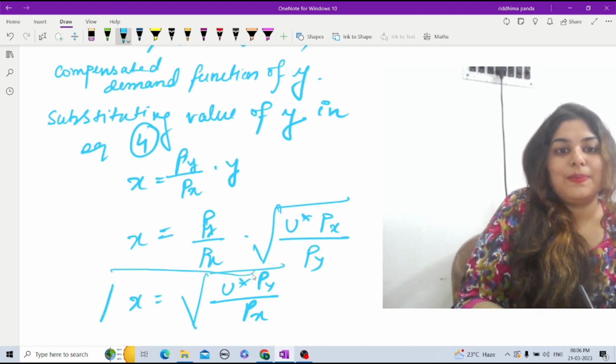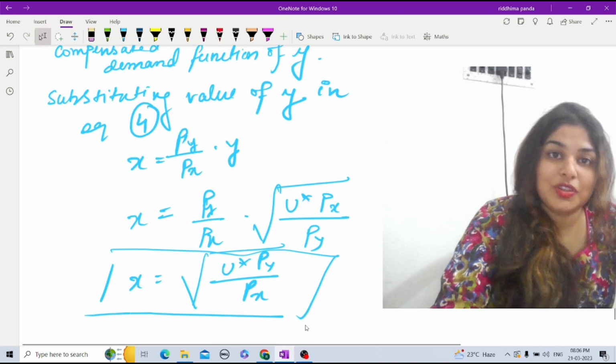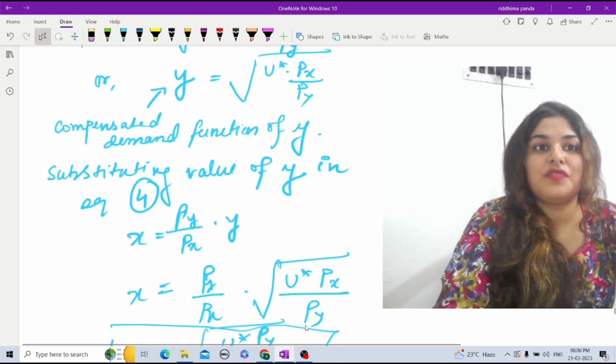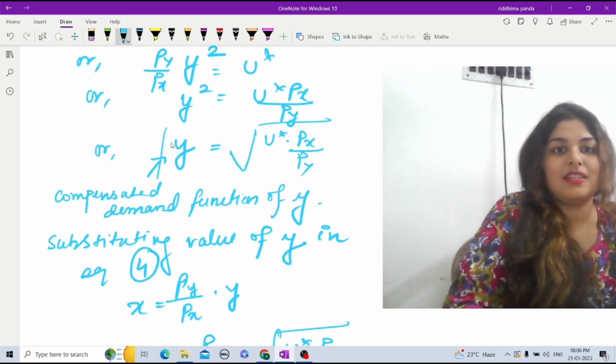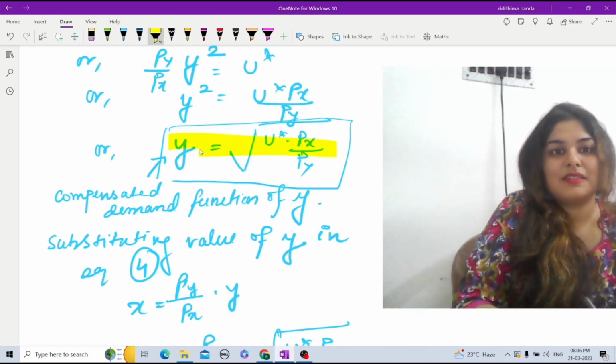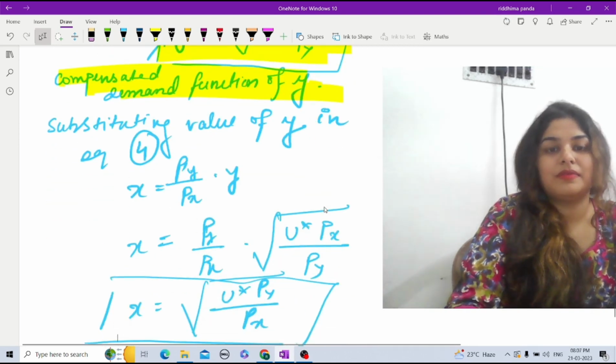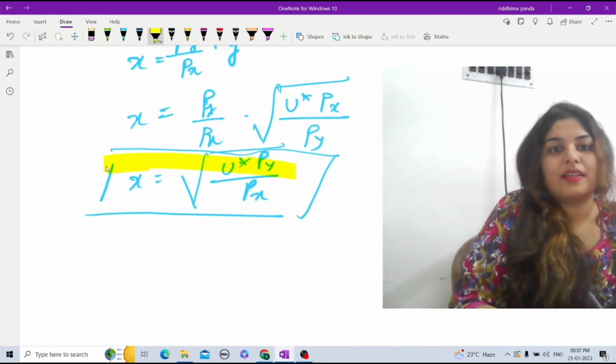Now this is the compensated demand function of x. So now I have both the compensated demand functions for commodity x and y, right? This is for y, and this one is for x.